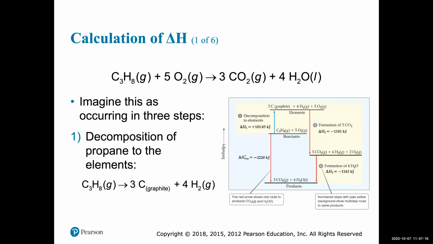Okay, let's talk about calculating delta H some more. Here we have a reaction of propane plus oxygen going to CO2 and water. What kind of reaction is this? Combustion.